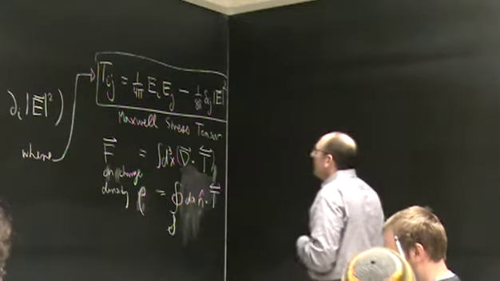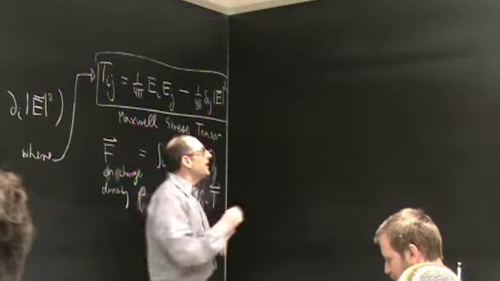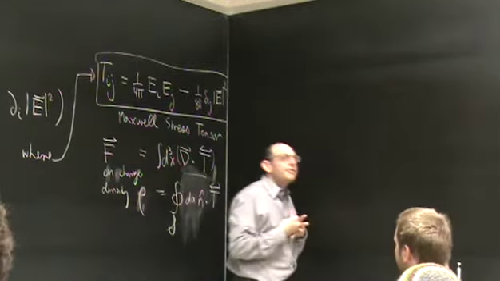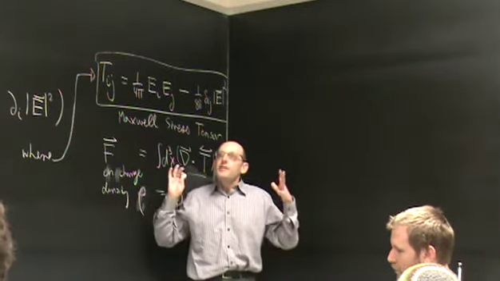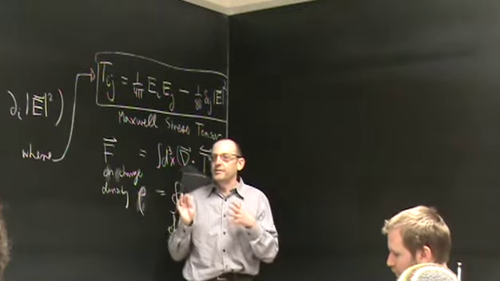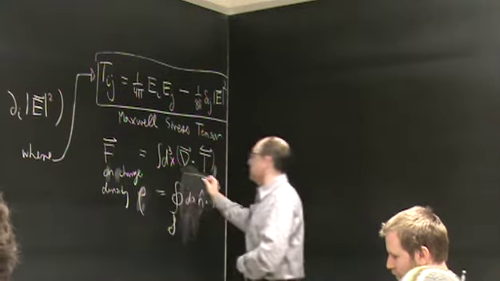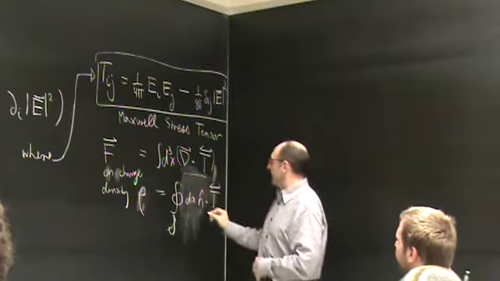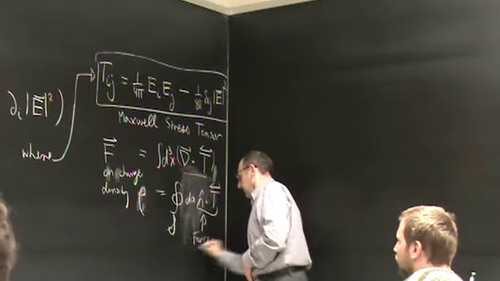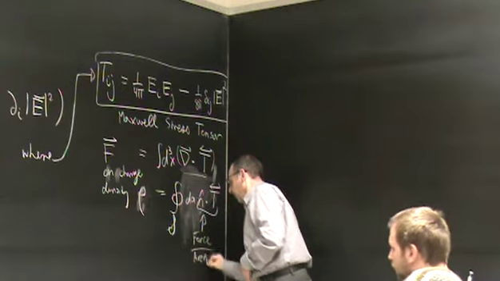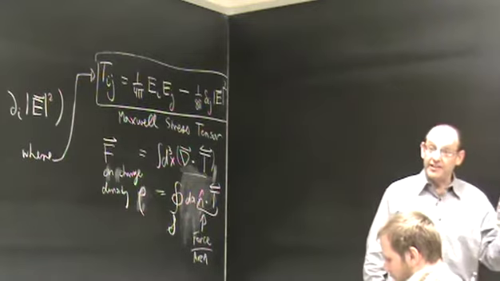And so the idea was that I could think about the force on charges as being related to the stress that the charges are feeling, which of course is the same thing as pressure, right? Because this has to have units of force per unit area. If I integrate over an area, I get the force. Force per unit area is pressure.